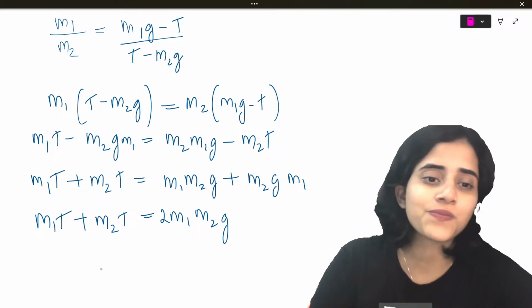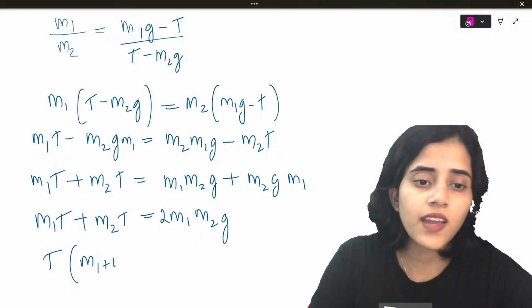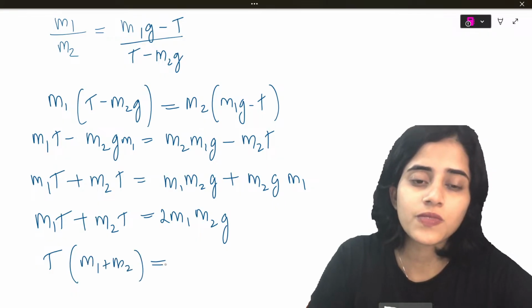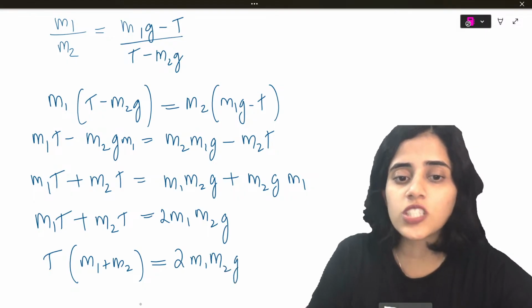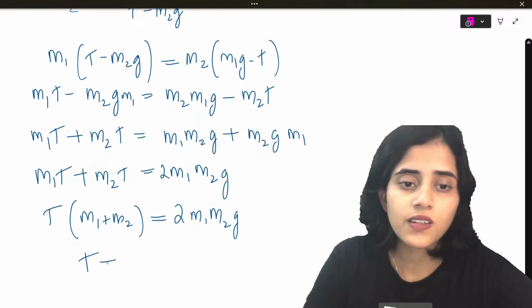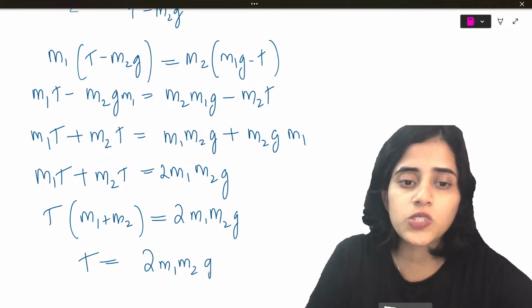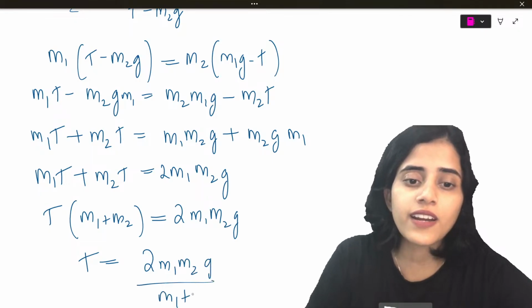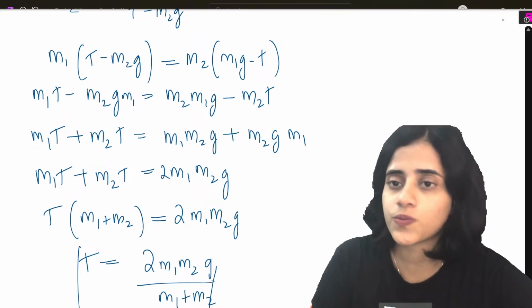How will you get T? T taken outside, m1 plus m2 is equal to 2 m1 m2g. Now what is T? T will be equal to 2 m1 m2g, the whole divided by m1 plus m2.